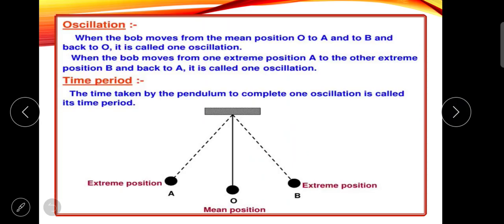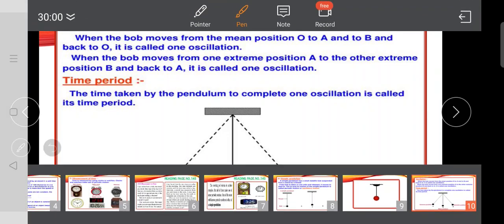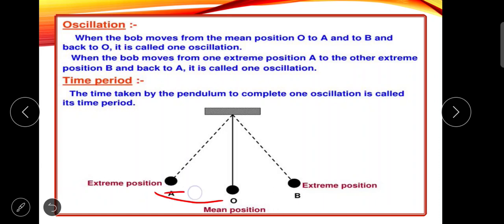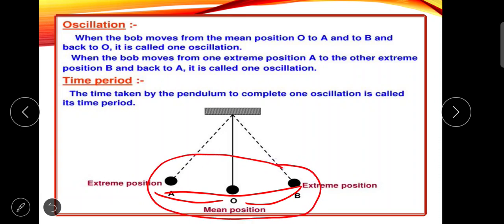Now, when is it said that the pendulum has completed one complete oscillation? Children, when the bob moves from the mean position O to A, and A to B, and B to O, this complete distance, going and coming back, is called one oscillation.